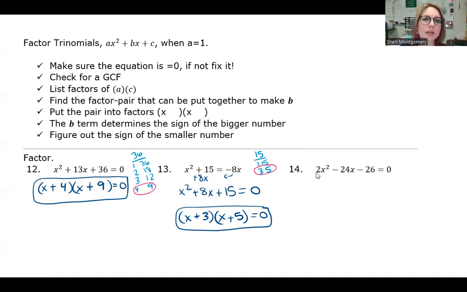Okay, let's do another one. What do you think we should do? Haley is right. So we got a GCF. See how they're all divisible by 2? So anytime you don't have a leading coefficient of 1, you need to make it 1 because then you can fast factor.